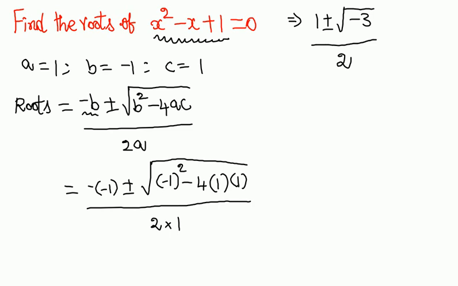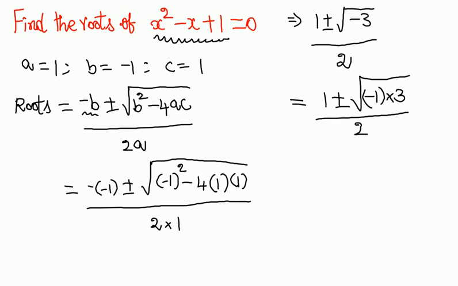Here under the root we have a negative number. So this can be written as 1 plus or minus square root of minus 1 into 3 whole divided by 2.